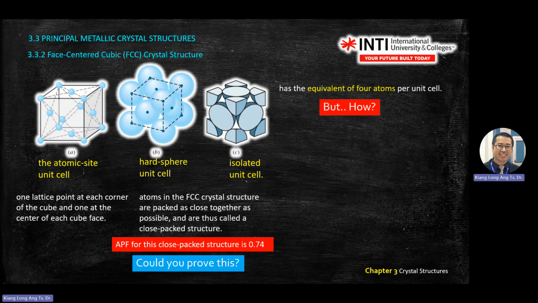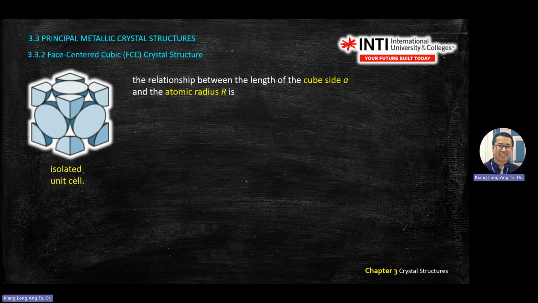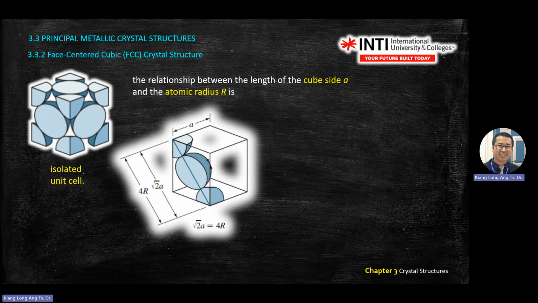We already know that FCC has 4 atoms or 4 spheres. There is an equation, you should be able to calculate: 8 multiplied by 1/8 at each corner plus 6 half atoms, you get 4. Now for BCC, you cross the 2 corners.